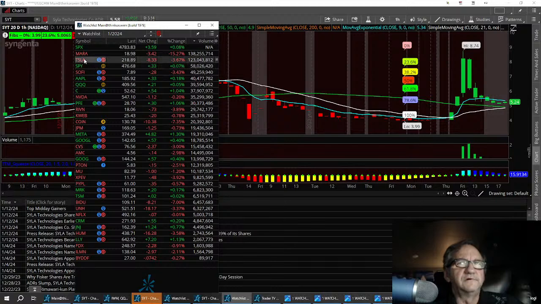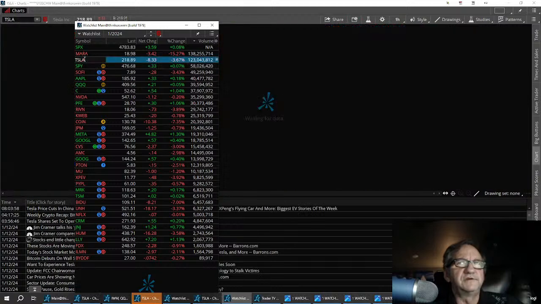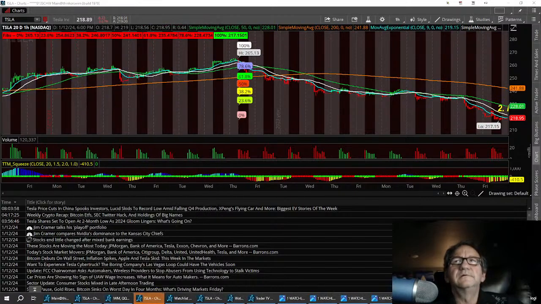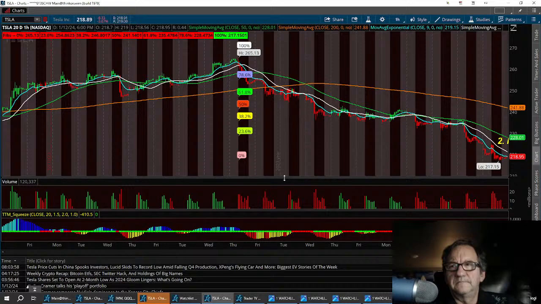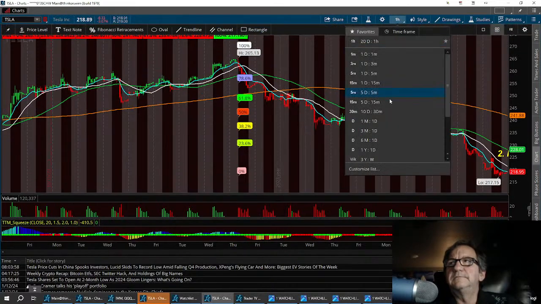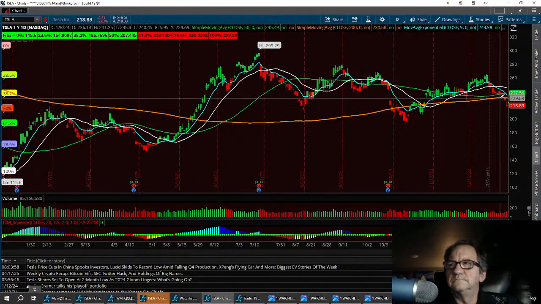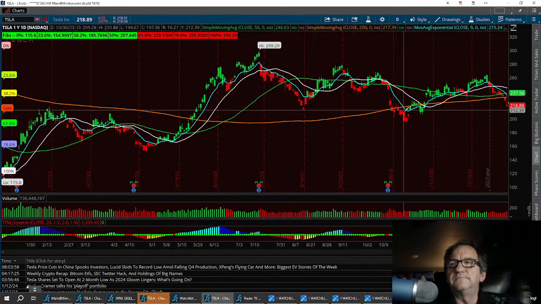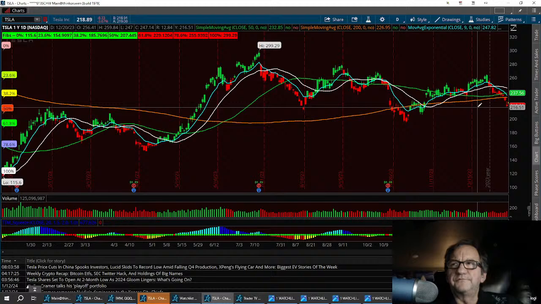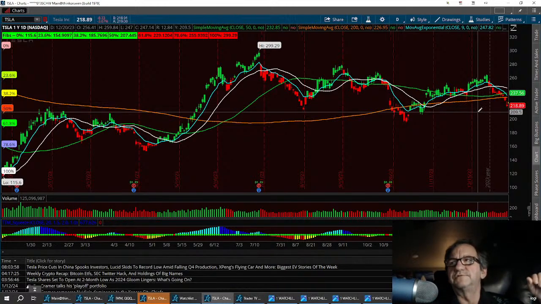Tesla, I've got a 214, 210 target on Tesla. We didn't hold this, but we're getting ready to come to the 300 EMA, I think. Might be a good buy once we hit this support down here.